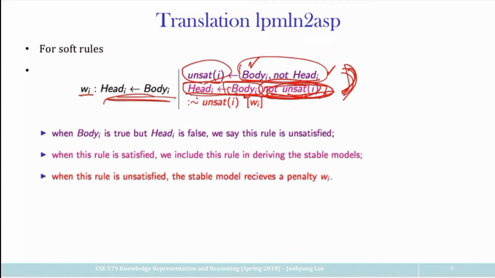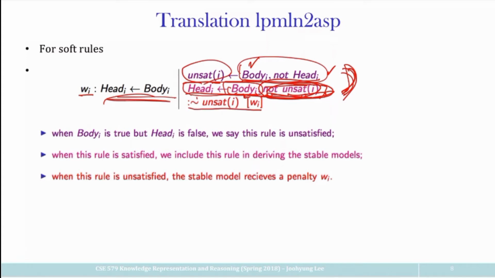Are we together? Okay. That gives us one part of the translation, where we can assume that the rule exists, or we can ignore this rule if necessary. Now, how do we assign the weight? Here is the case.